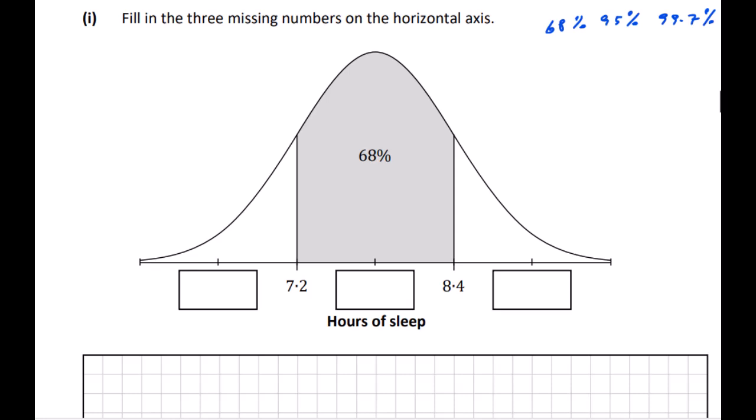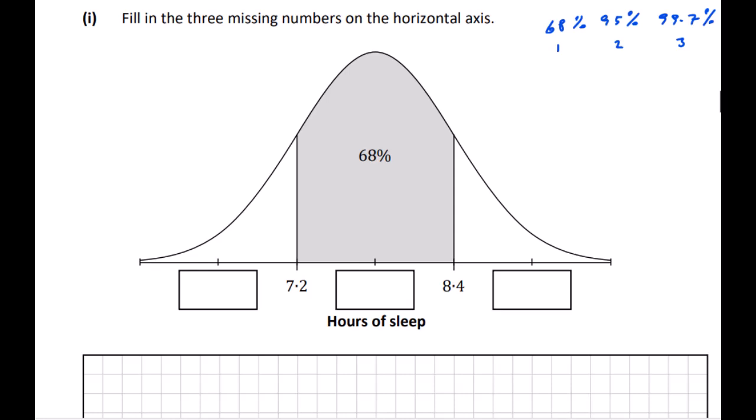So 68%, you're looking at 1 standard deviation above and below the mean. 95%, you're talking about 2 standard deviations above and below the mean, and 99.7%, you're looking at 3 standard deviations above and below the mean. So we currently have 68%, so 7.2 must be 1 standard deviation below the mean, and 8.4 must be 1 standard deviation above the mean. So we've got to work out the mean.